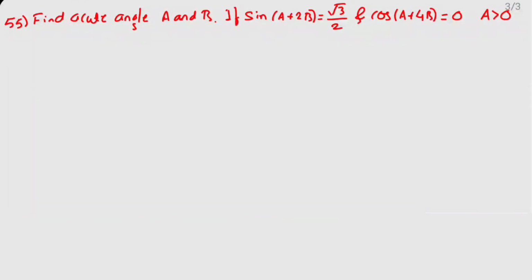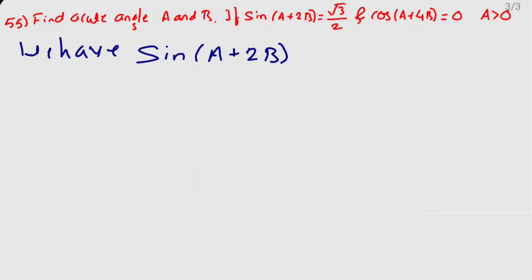Well students, look at the next problem. Find acute angles A and B if sin(A plus 2B) equals root 3 by 2 and cos(A plus 4B) equals 0, A is greater than B. So here we have sin(A plus 2B) equals root 3 by 2, right?